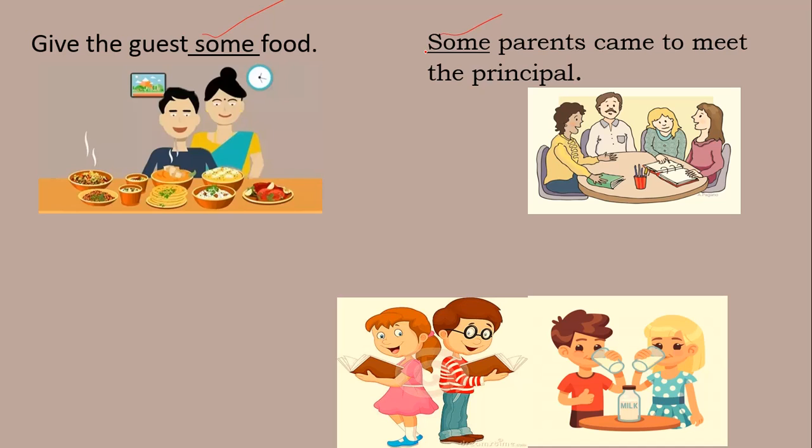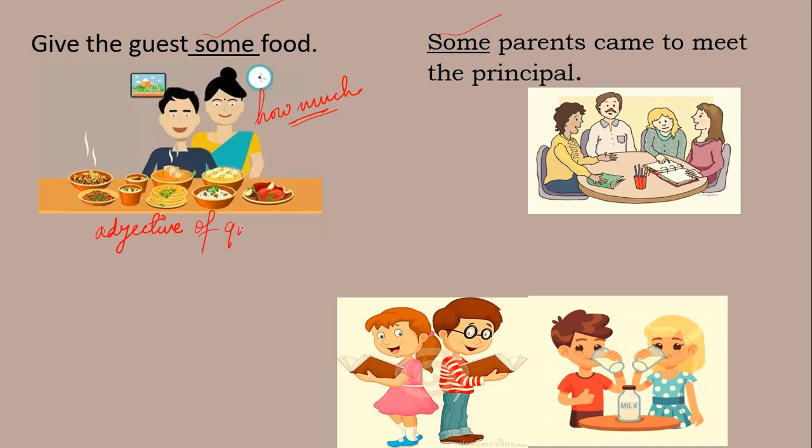Here in this first sentence, give the guest some food. This answers the question how much food we are talking about. How much food? So some is used as an adjective of quantity over here.